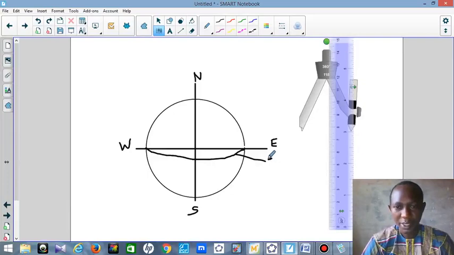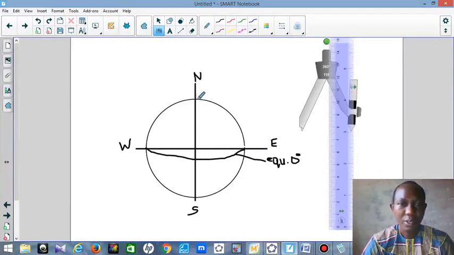Make sure you write it, equator. This is the equator. You need to know what you are doing. Take note. So this is your equator, at 0 degrees.